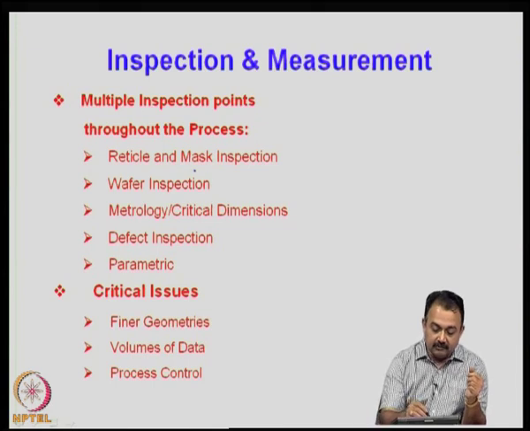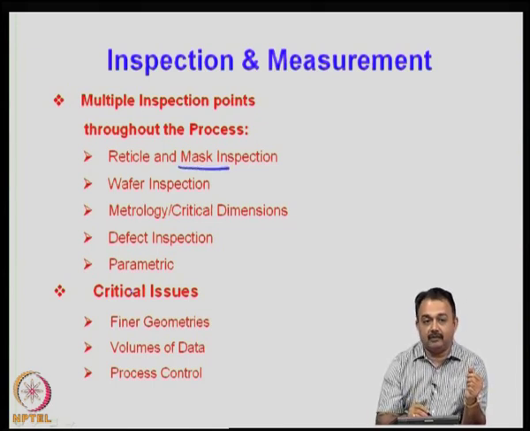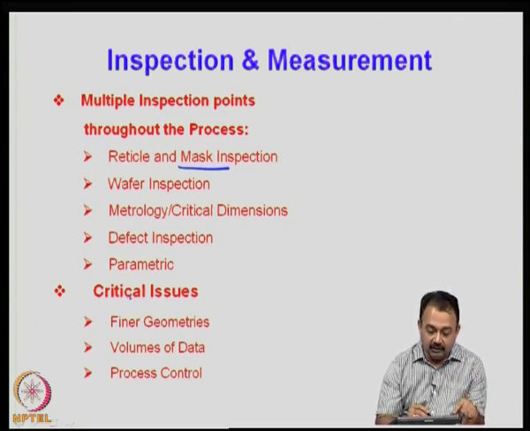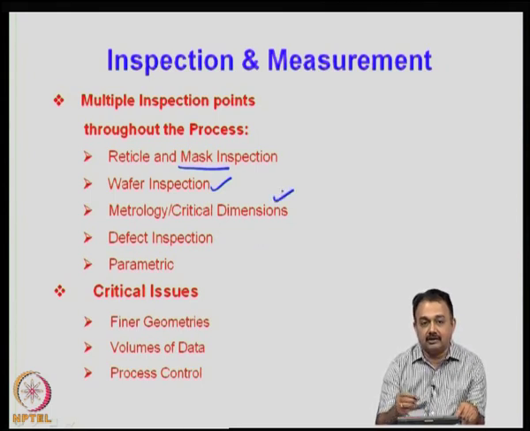Right from inspecting, the mask has to be perfect. There can be no dimensional variations in the mask. If a dimensional variation is seen, then you have to prepare a new mask. Then there are wafer inspection, metrology and critical dimension inspections at every stage, including photoresist defect inspection.